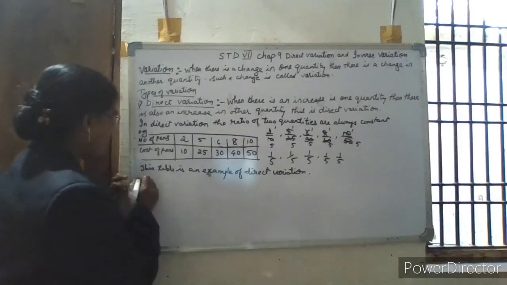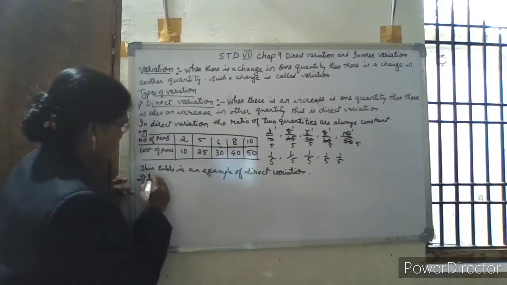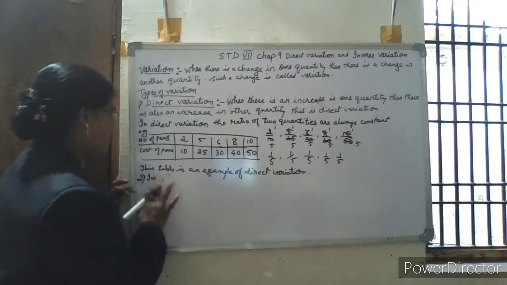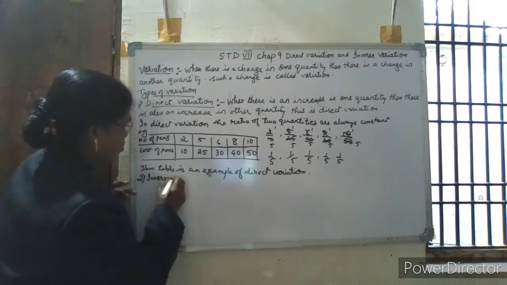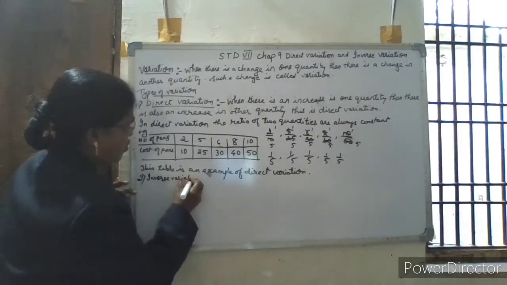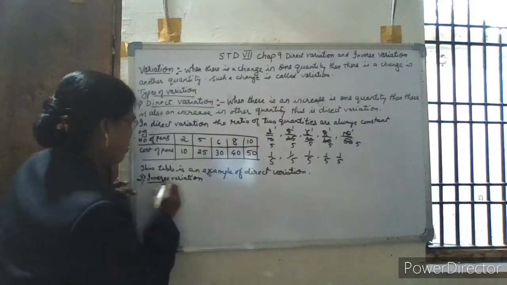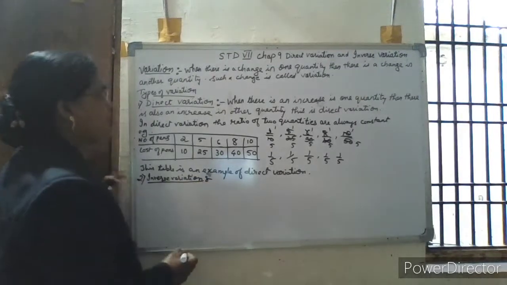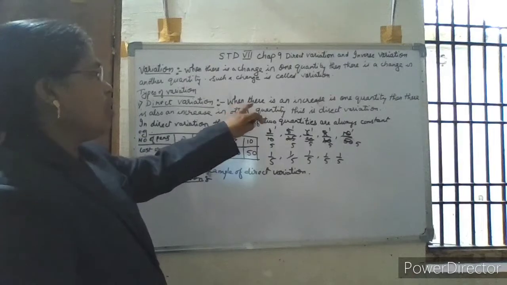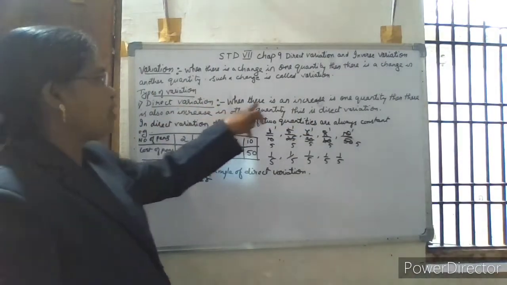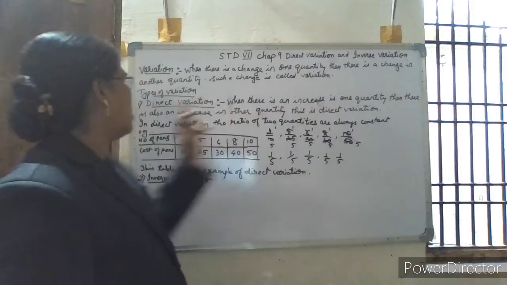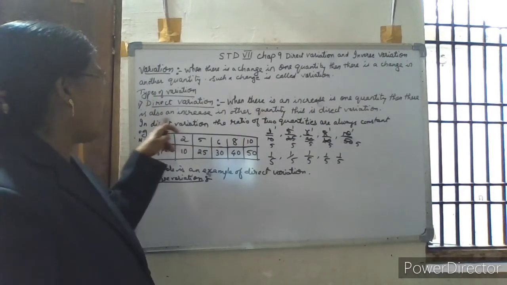The second one is inverse variation. In inverse variation, it is just the opposite of this. See, in direct variation, when there is an increase in one quantity, there is also an increase in another quantity.